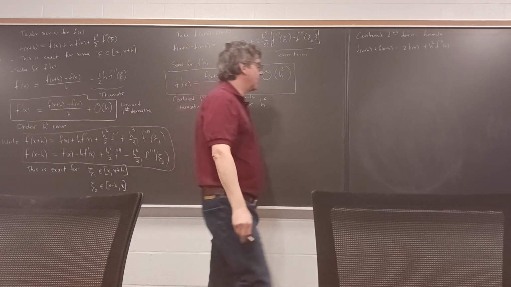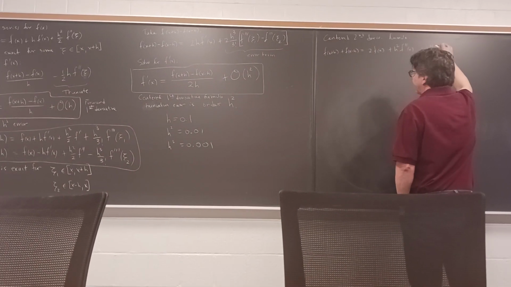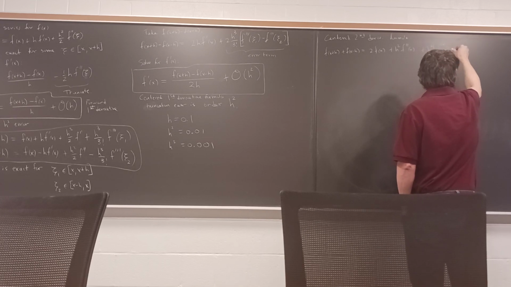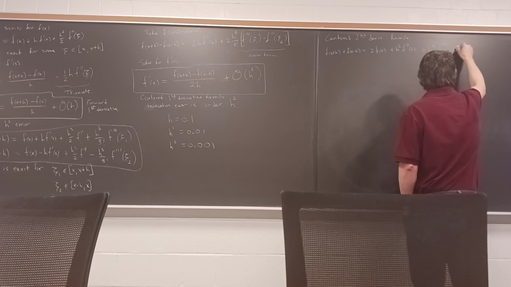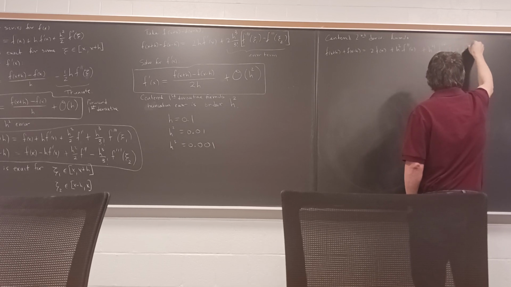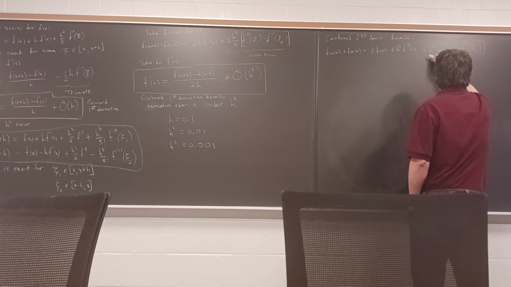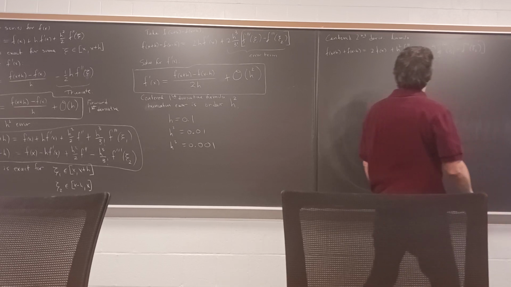So I will have something here like plus h to the fourth f fourth of c1 plus f fourth of c2, and there's some other over 4 factorial here.